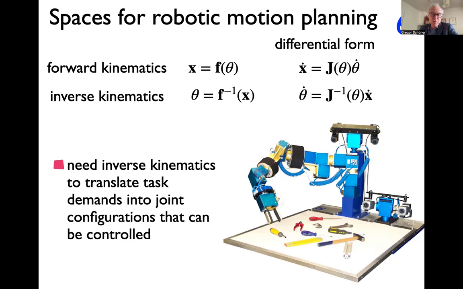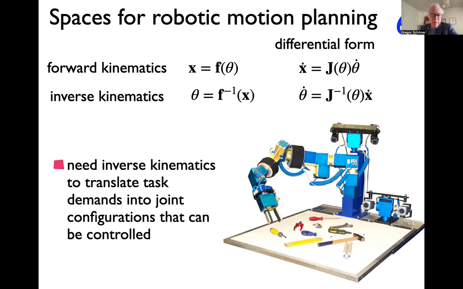Both have a differential form. So taking the derivative in time, you get that the hand orientation and position rate of change is a function of the joint velocity that has a matrix in front that's called the Jacobian that only depends on the configuration. And that can be inverted under some circumstances by just inverting this matrix here.